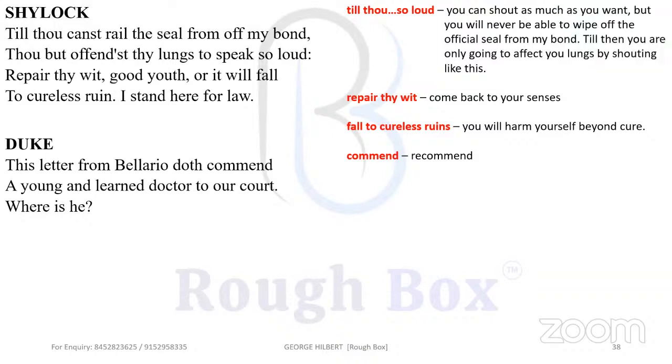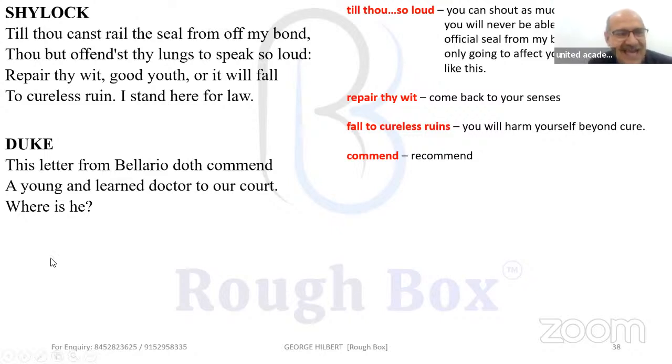So, thankfully, the Duke has finished reading the letter, and he says, "This letter from Bellario doth commend a young and learned doctor to our court." This letter from Bellario recommends a young and learned doctor to replace himself in our court.